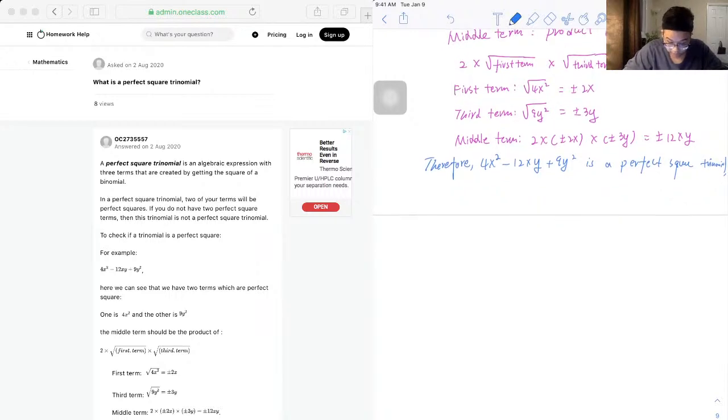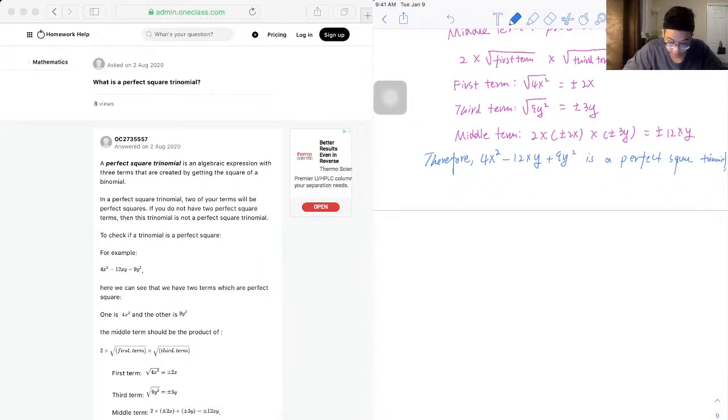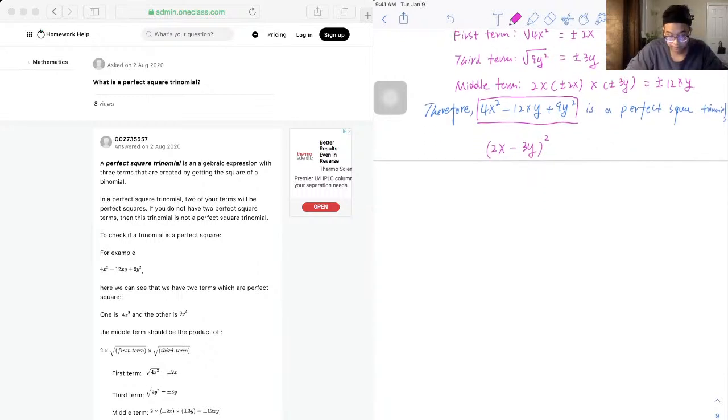And just want to add a little bit more. This perfect square trinomial can also be written as (2x minus 3y) squared.